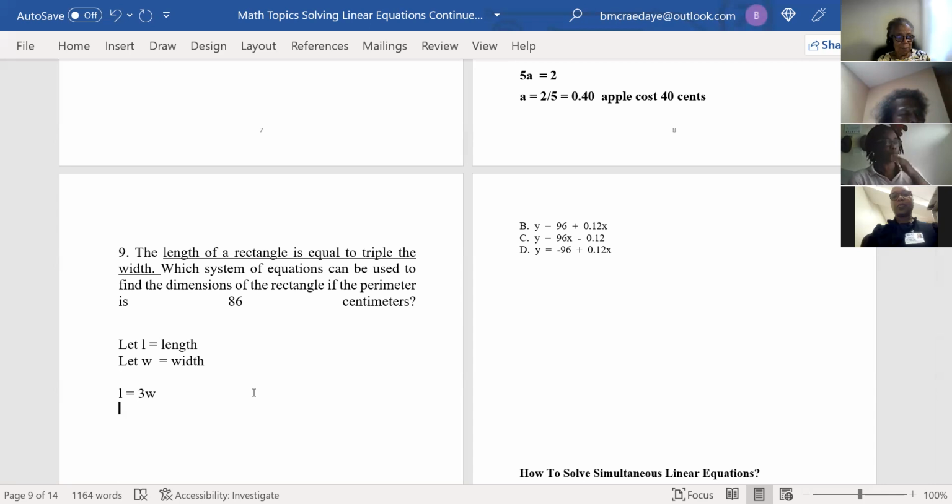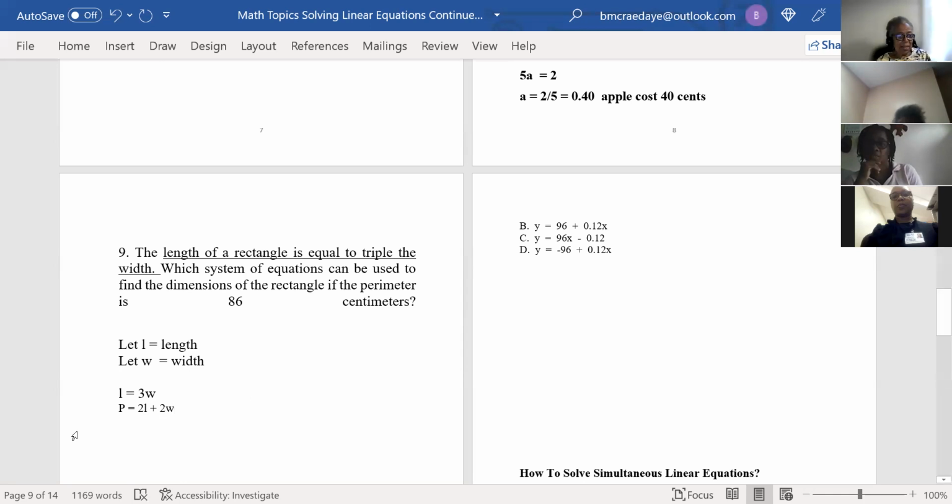Now, how would I write that the perimeter is 86? What equation would that be? This is a rectangle. What's the perimeter formula for a rectangle? It's 2 length plus 2 width. So perimeter equals 2 times the length plus 2 times the width.